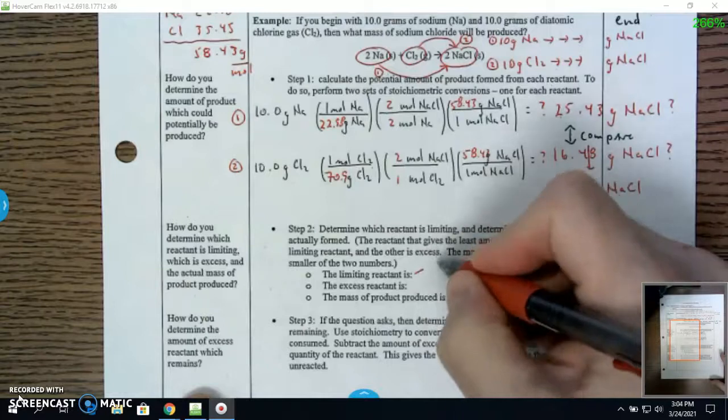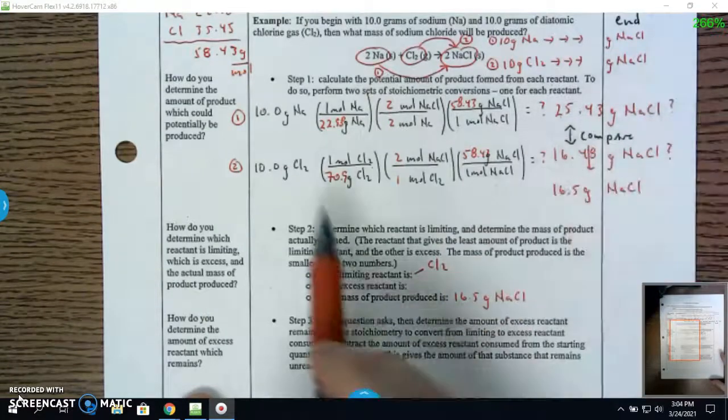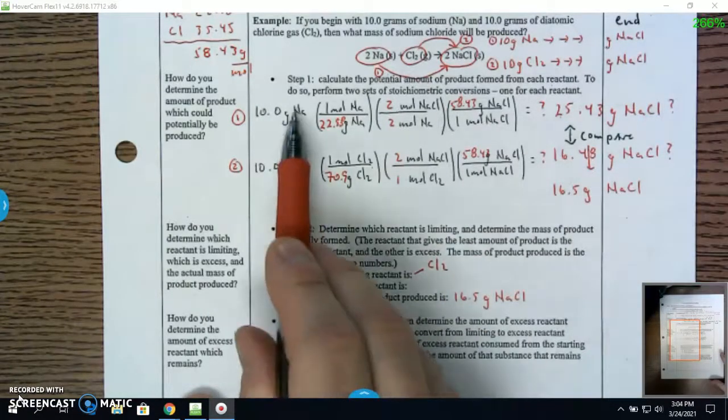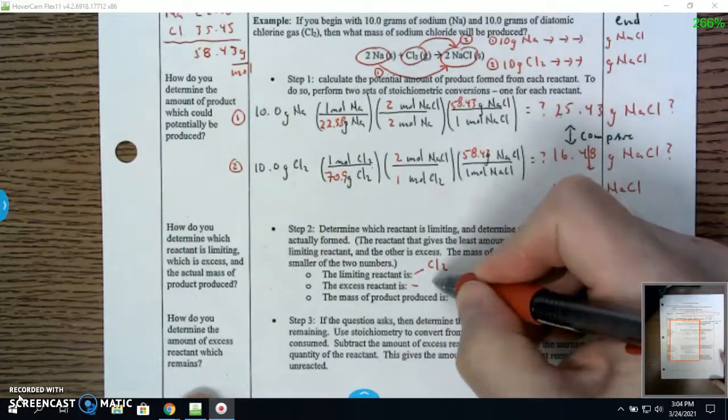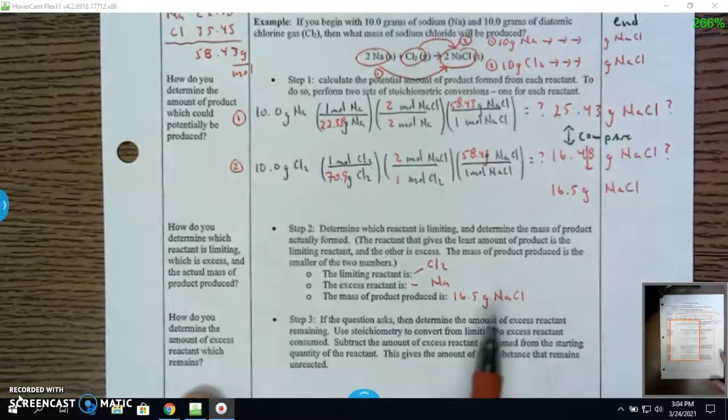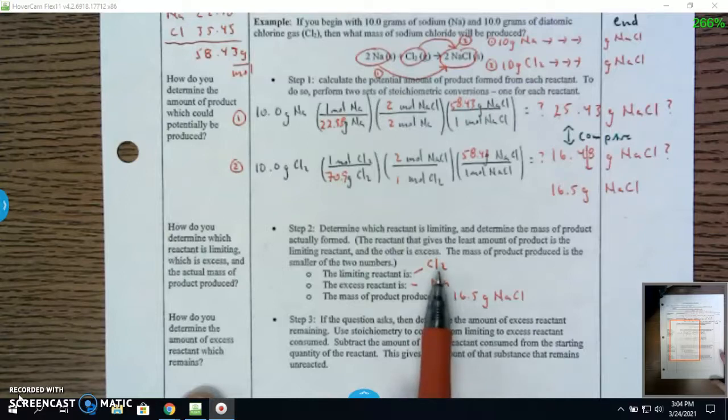For that reason, the limiting reactant is diatomic chlorine, and by default, the other reactant, Na, must be the excess reactant. So we can make 16.5 grams of sodium chloride. We run out of diatomic chlorine, and we have excess extra sodium left over at the end.